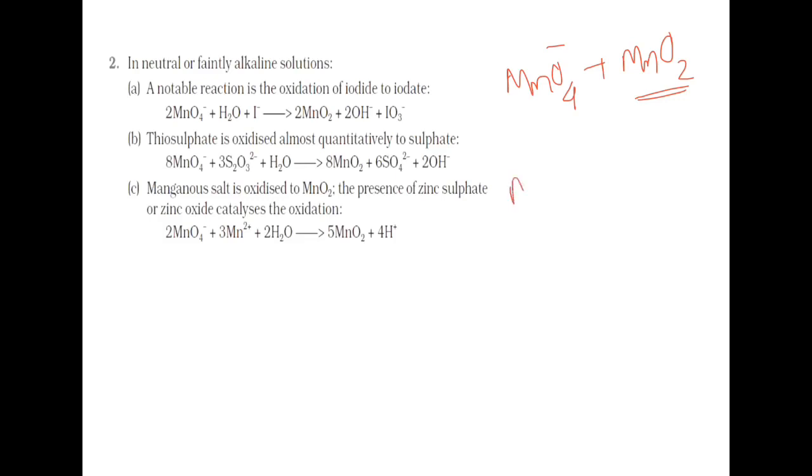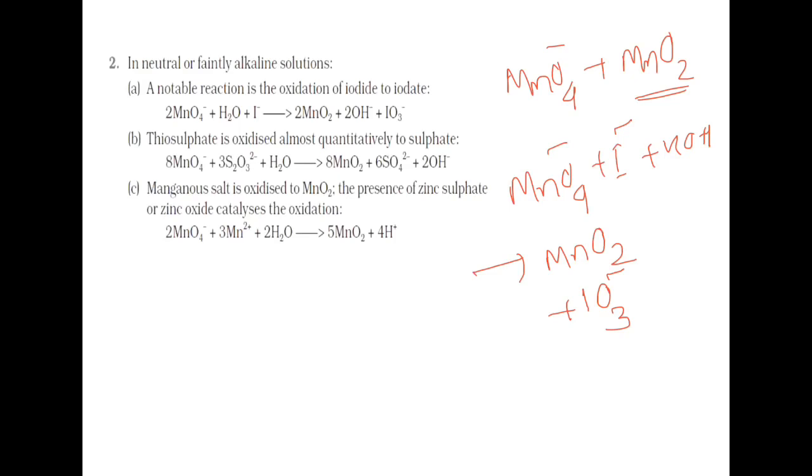If you use iodide, permanganate plus iodide, if the medium is basic or slightly basic or alkaline in nature, first you get MnO2, and iodine will give I2, and I2 combines with base to form iodate, IO3 minus, as the medium is alkaline or slightly alkaline.